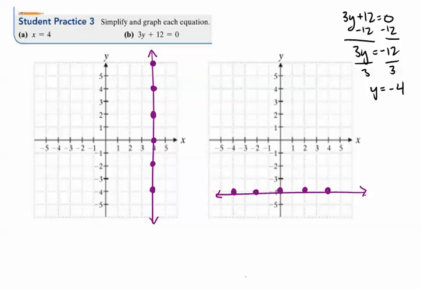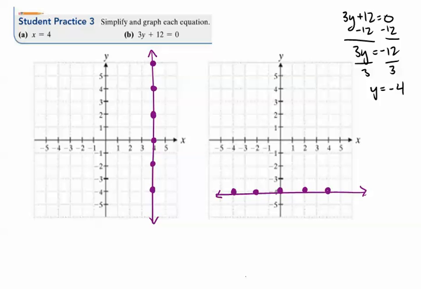So three things that we did in this section. Number one, we graphed equations of lines in slope-intercept form by first plotting the y-intercept and then using the slope to find additional points, drawing a line through the points.